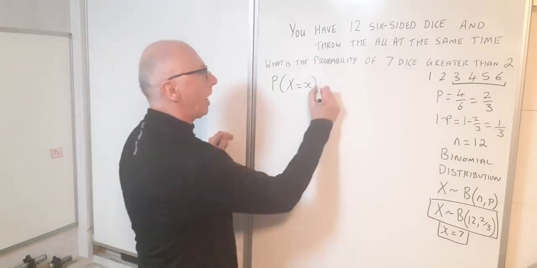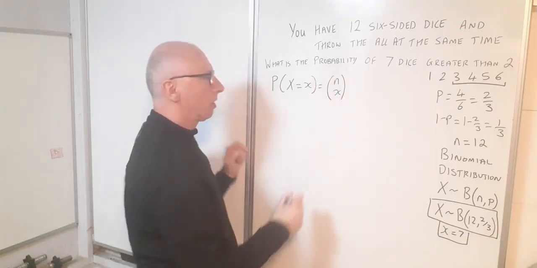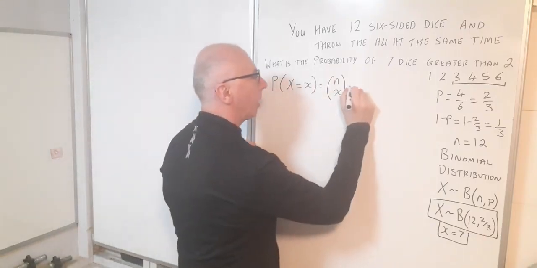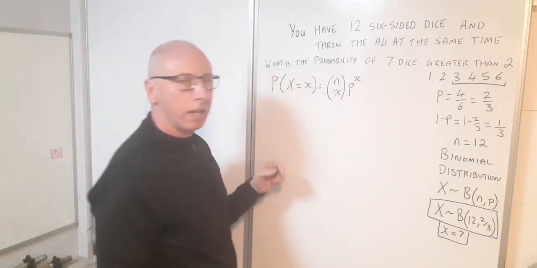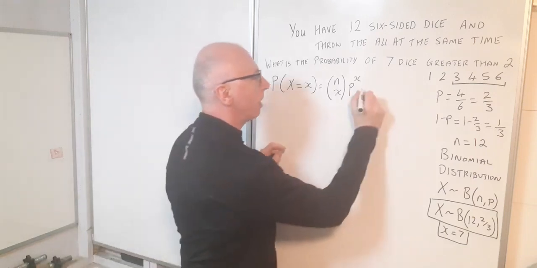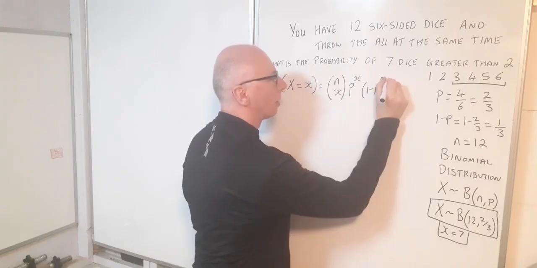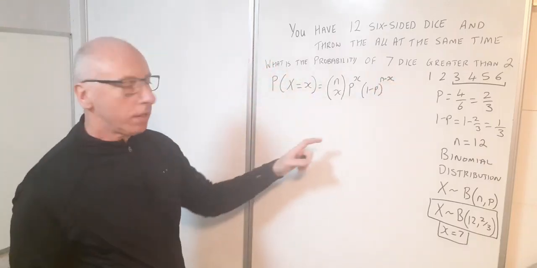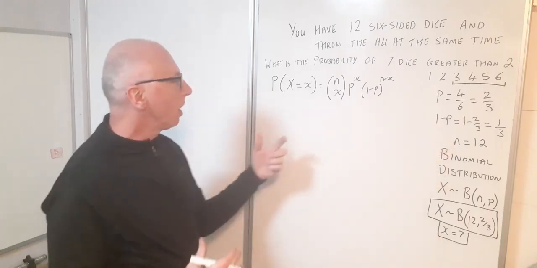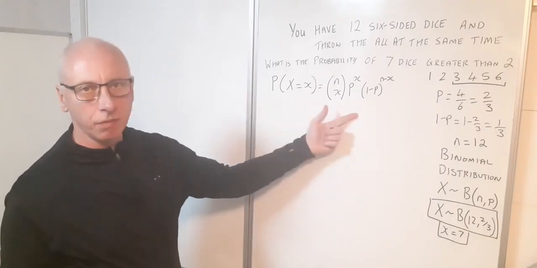That's written as n choose x, like the binomial coefficient formula, and then we have p to the x, multiplied by its opposite, which is it not happening, 1 minus p, to the n minus x. So we know what p is, we know what 1 minus p is, x is 7 and n is 12. So we've got all the building blocks to build up our probability for this question.